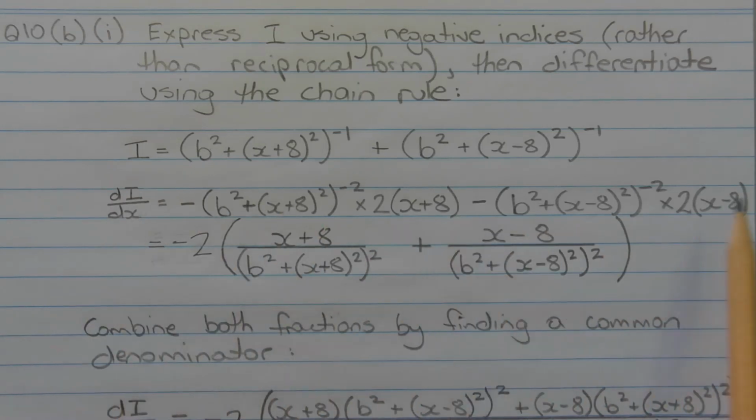Expressing dI/dx using positive indices, so in fraction form, and also factorising out negative 2 from both of these terms, we get dI/dx is equal to negative 2 outside of (x plus 8) over (b squared plus (x plus 8) squared) all squared plus (x minus 8) over (b squared plus (x minus 8) squared) all squared.